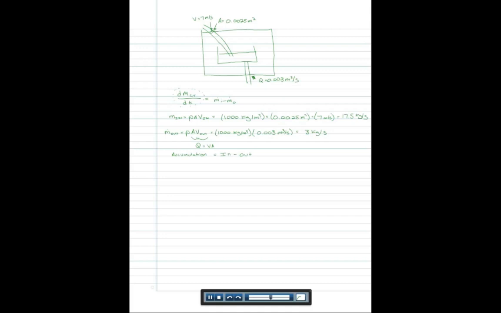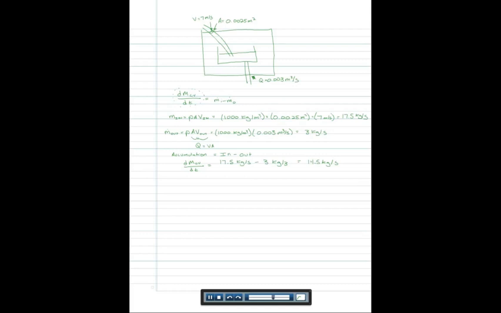So dm_CV/dt is the mass flow rate in of 17.5 kilograms per second minus the mass flow rate out, 3 kilograms per second. And the net difference, 14.5 kilograms per second. So that's the mass flow rate of accumulation inside of the tank.